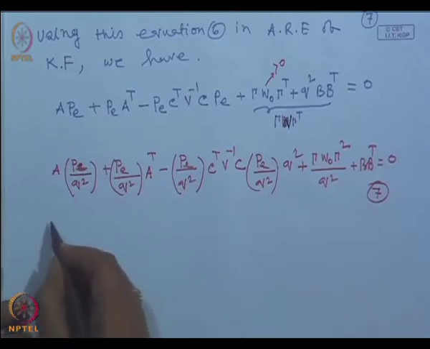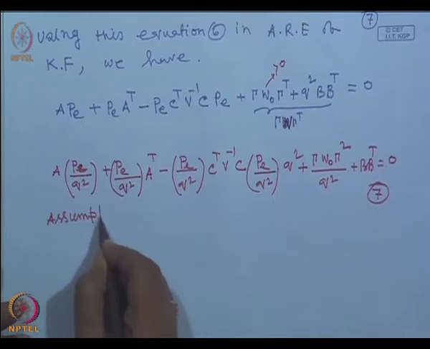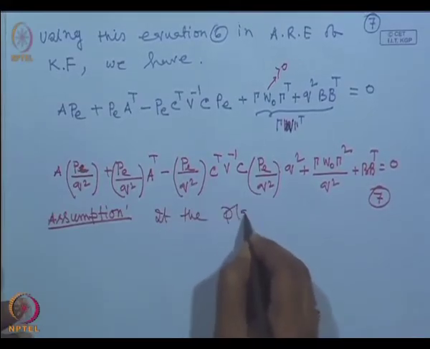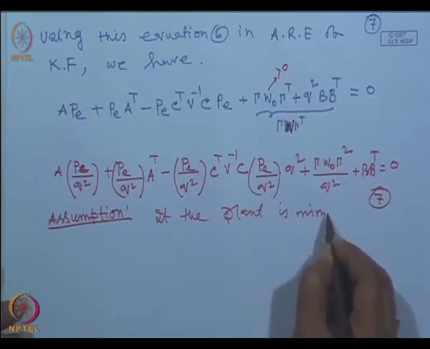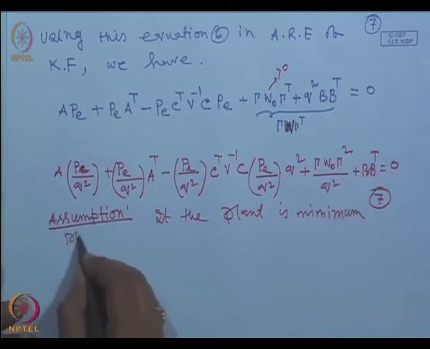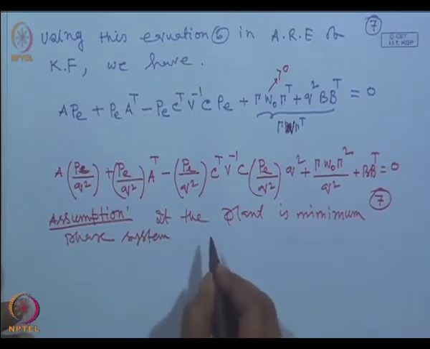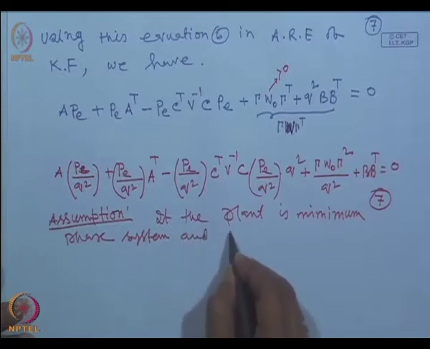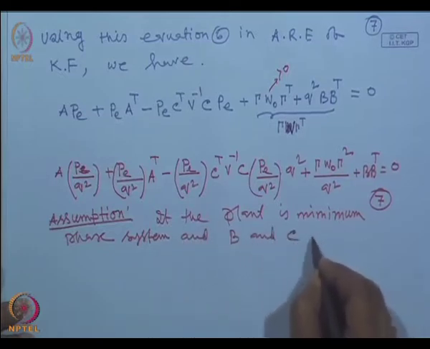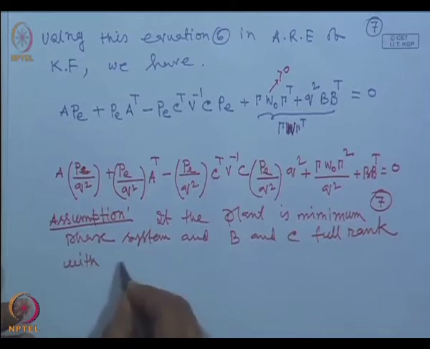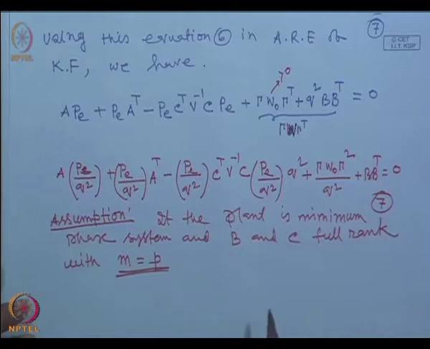So, now we made an assumption. The plant we have assumed is a minimum phase system, which means all zeros are stable, and B and C are full rank with number of inputs equal to number of outputs, that is p is equal to m.